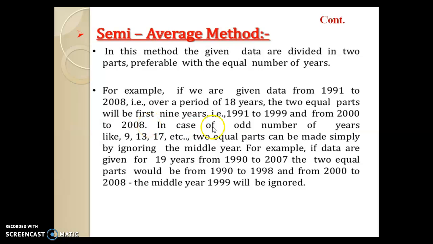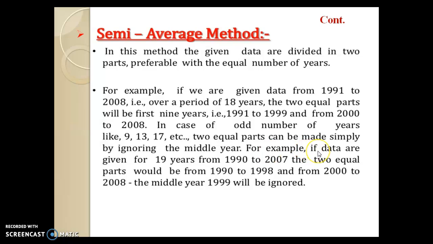In case of an odd number of years like 9, 13, 17, 21 and so on, two equal parts can be made simply by ignoring the middle year.